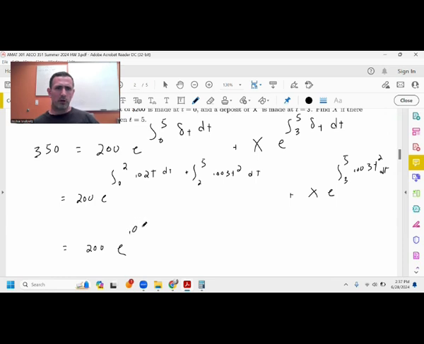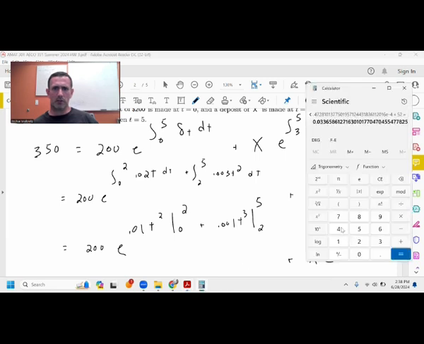So 0.01 t squared, plug in 2, plug in 0. 0.001 t cubed, plug in 2, plug in 5. Again, 0.001 t cubed, plug in 3, plug in 5. Probably just check my answer here. So 2 squared is 4 times 0.01.